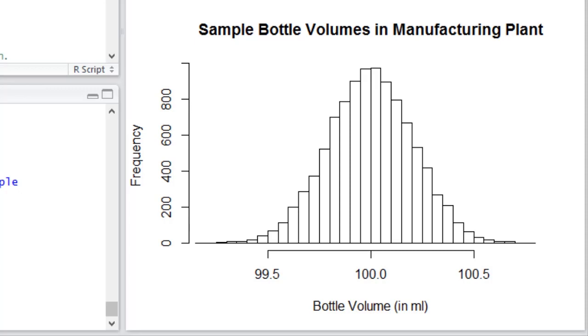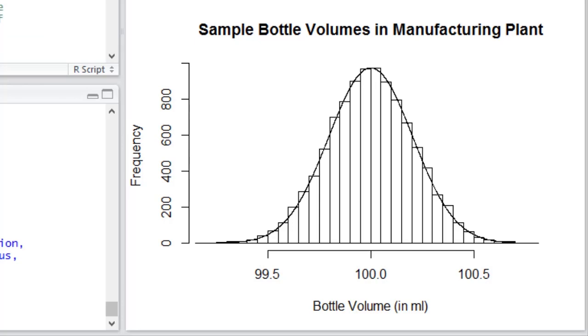The original distribution is uniform, but the sampling distribution of the mean is normal. In fact, we can overlay a normal plot line. There it is. So even though the original distribution is a uniform distribution, the sampling distribution of means is a normal distribution. So we can use the normal distribution facts that we know about, things like p-norm, to find the probability of obtaining a sample with a particular mean.